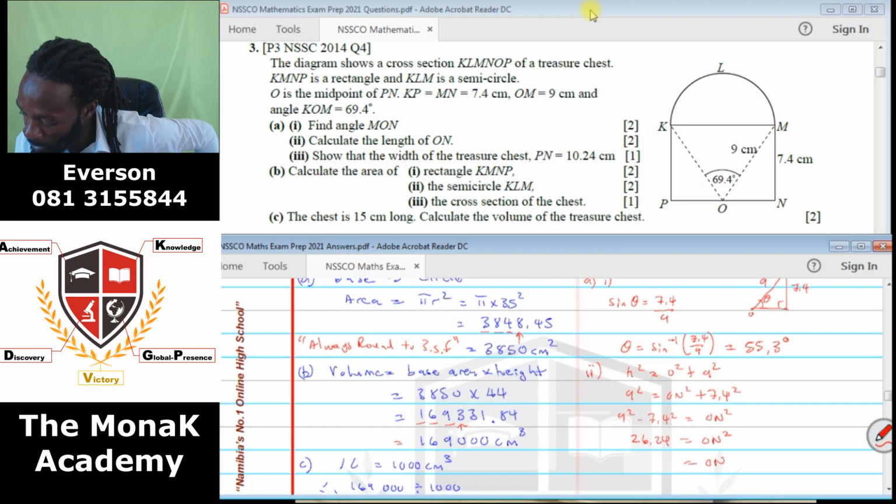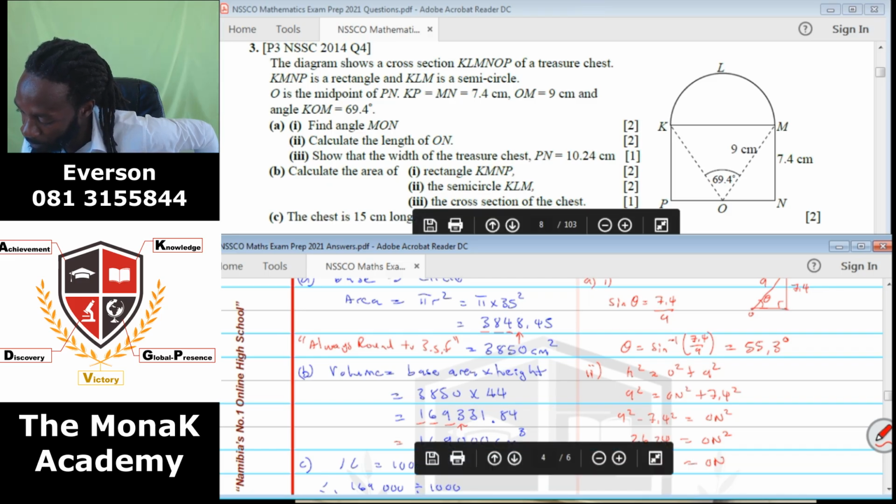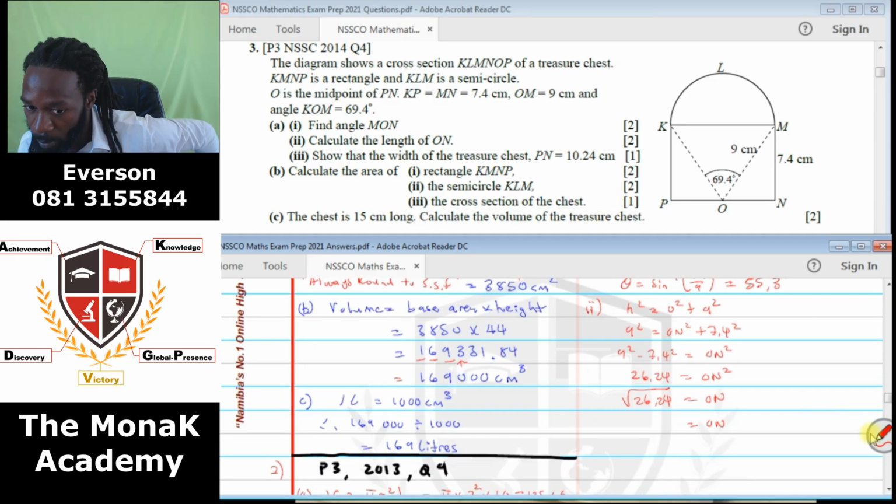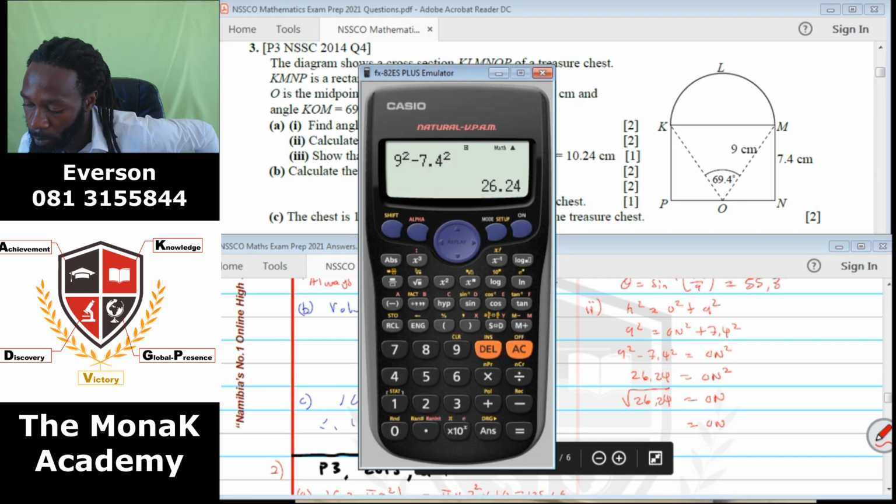Therefore, ON is the square root of 26.24, which is 5.122. Again, 3 significant figures, so it's 5.12.